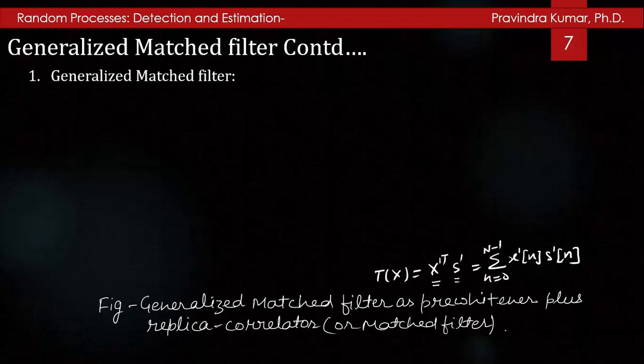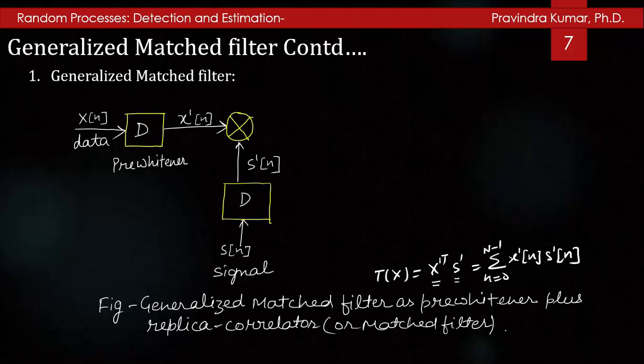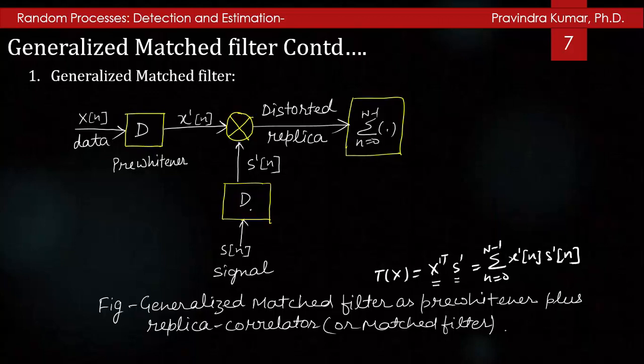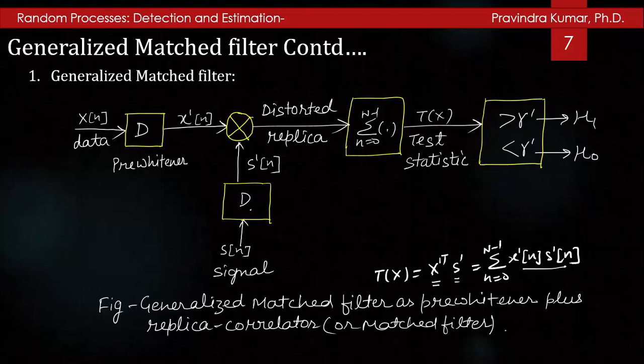In the block diagram, you have the data x n and apply pre-whitening to get x dash n, and you have a signal S n and apply pre-whitening to get S dash n. After taking the summation from n equals 0 to N minus 1 of x dash n S dash n, you get the test statistic x dash transpose S dash.